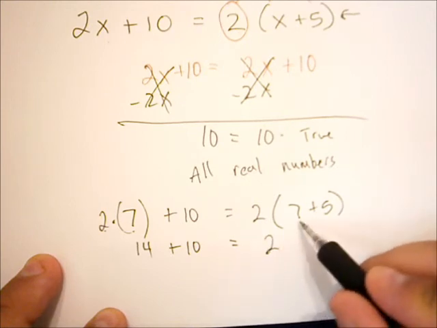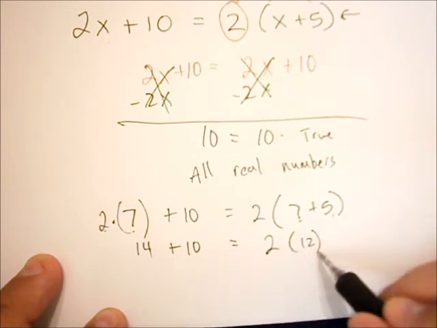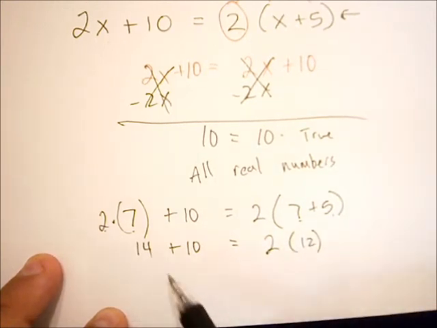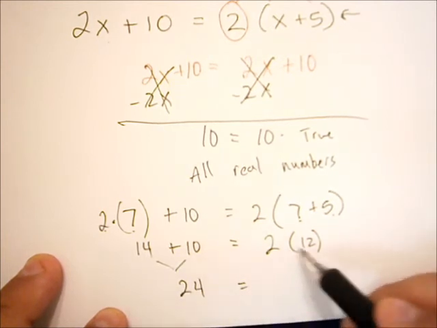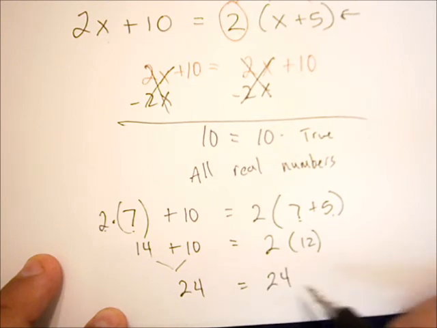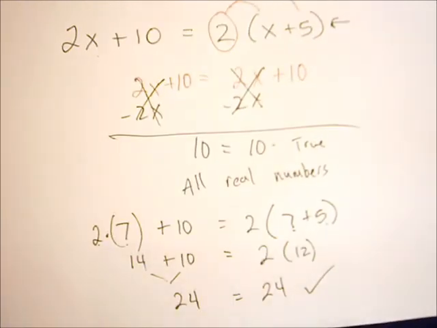And on this side, 7 plus 5 is 12. If I add these two on this side, I get 24. And if I multiply these two, I get 24. It is a solution because 24 equals 24, so 7 works. Now, any number will work. So you go ahead and try any number you want and test to make sure it works.